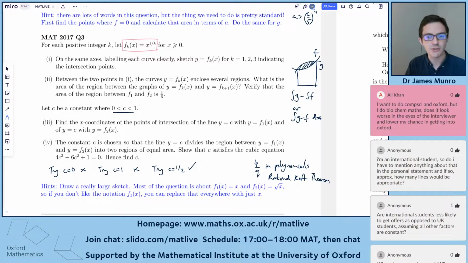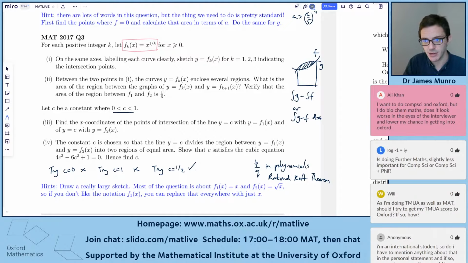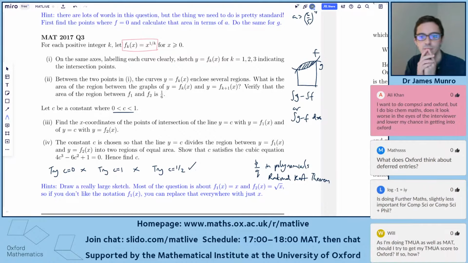I think the computer science department, big fans of further maths. If your school or college offers further maths, then I think they're big fans of doing further maths if you can, but not quite as big fans as me. Someone's just asked, is doing further maths less important for comp sci and phil? And I think the answer is yes, compared to maths. Yeah.